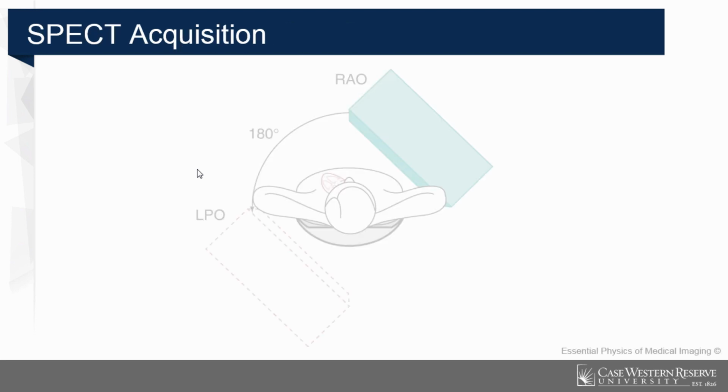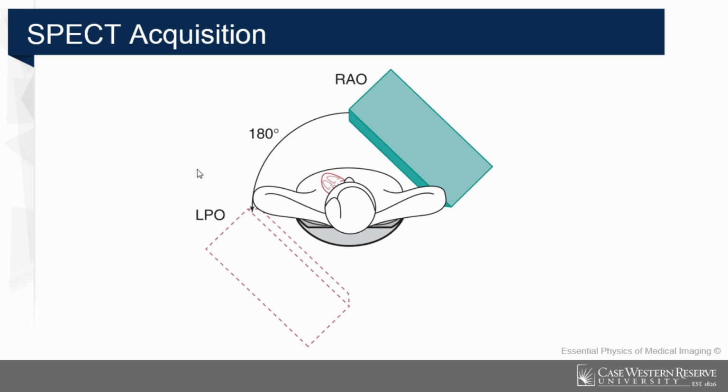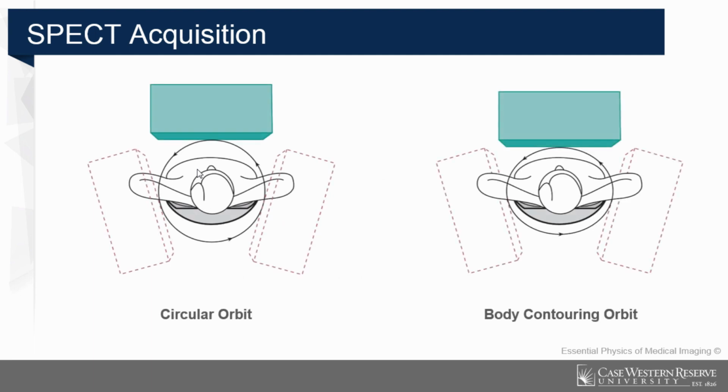Or you can also rotate the detector head around the body, very much like CT, to do tomographic imaging, 3D. Different from CT, CT is doing circular orbiting. You have a ring, right? So the X-ray tube and detector, opposite to each other, rotate around the body.